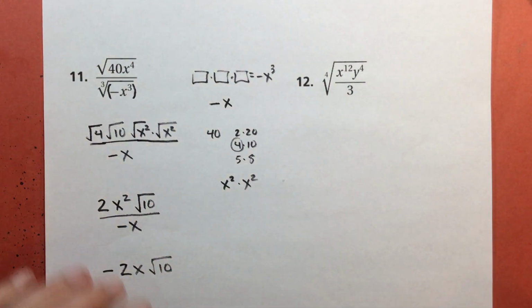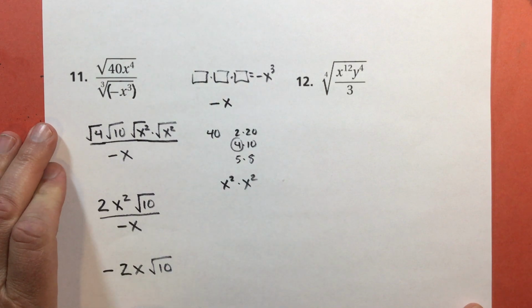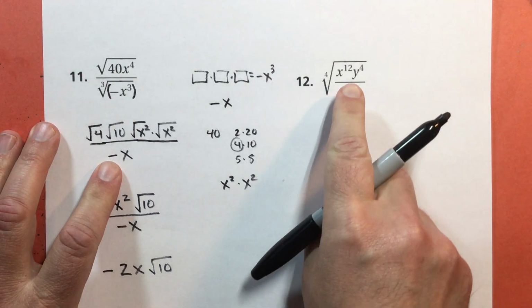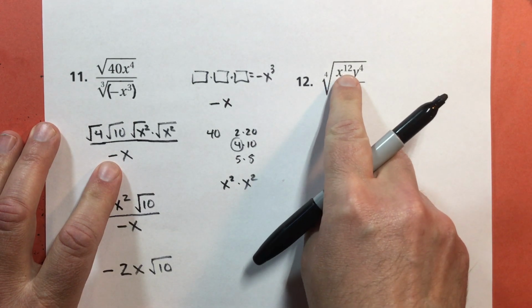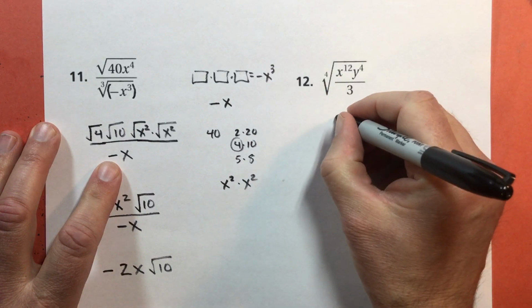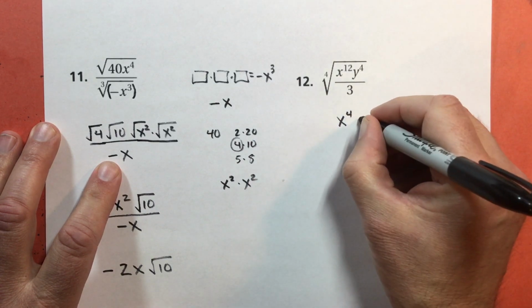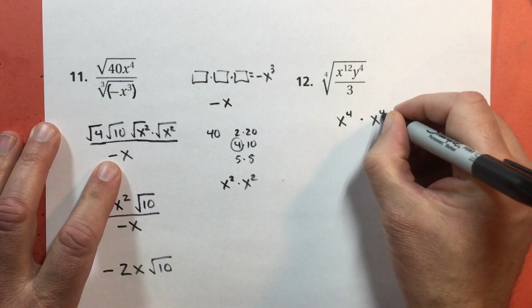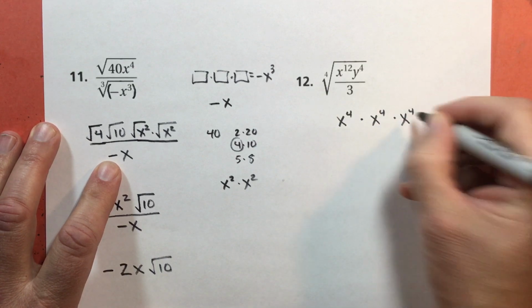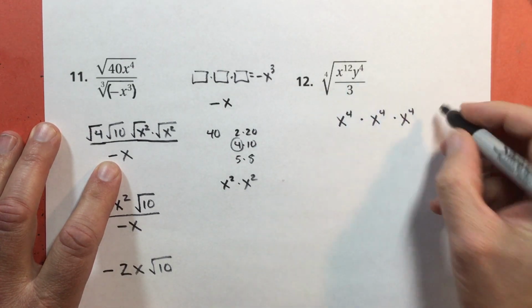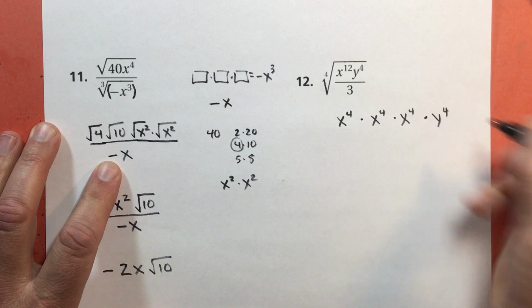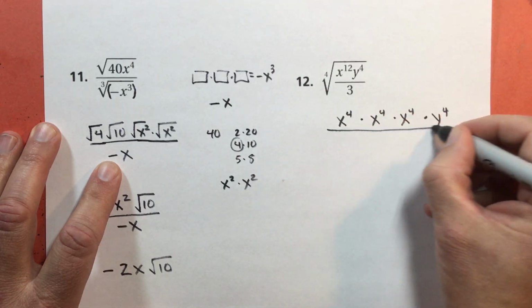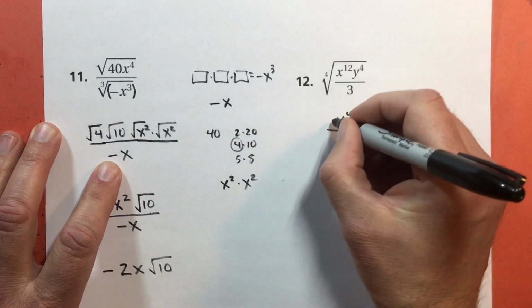All right, I know this one's a long one. I'm on the last one. I thought for a moment I'd lost a piece of paper. Okay, so I have x to the 12th power, which is x to the 4th times x to the 4th times x to the 4th. And then I have y to the 4th. And I'm going to take the 4th root of each of those.